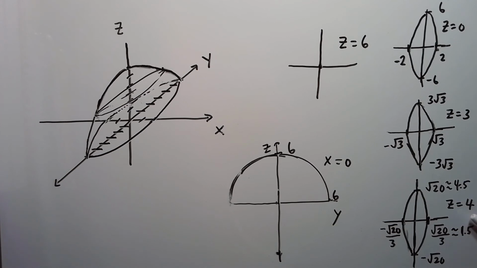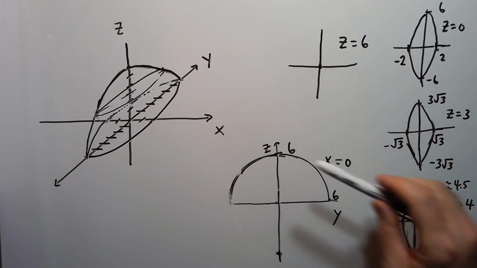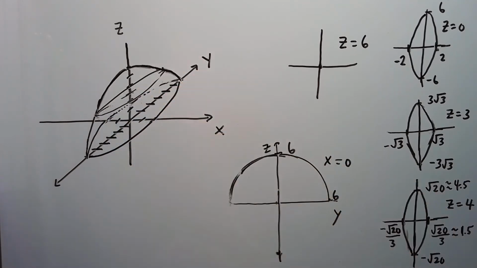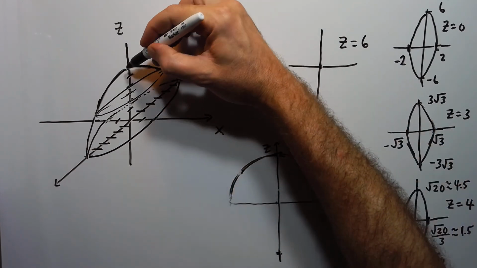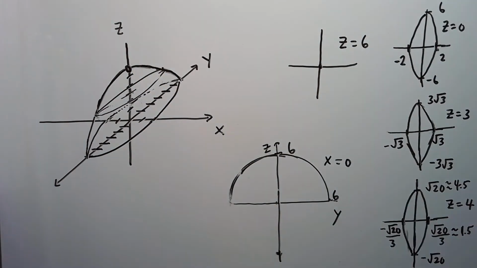And z equals 4, I'm not going to draw in because it's too close to that one. It'll look kind of messy. So let's do the last one. Z equals 6. It's just a point. So therefore it'll end up just here. Okay, so it looks like an upside down bowl. So that'll be your surface. Okay, so we're done. So let's leave the video there.